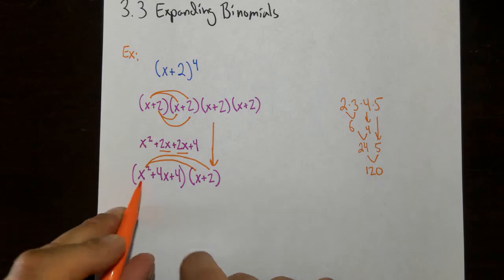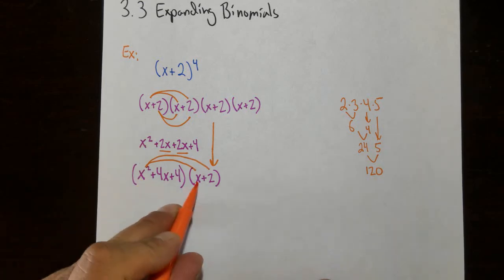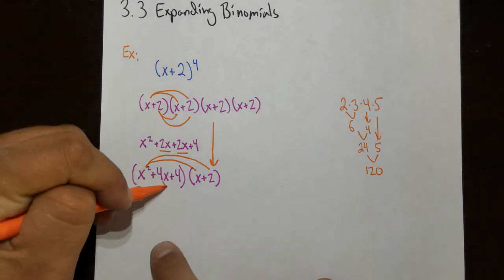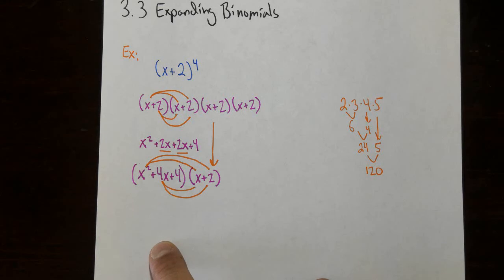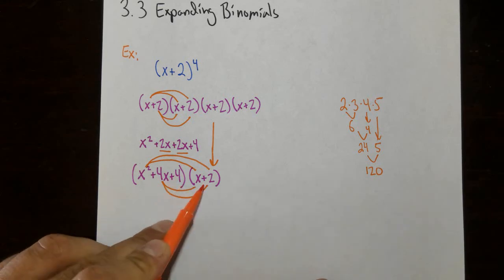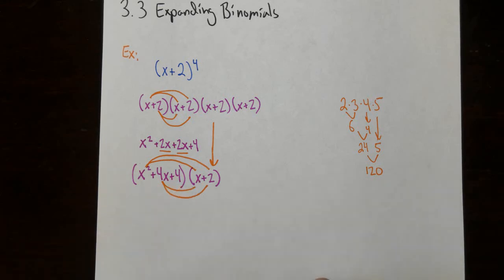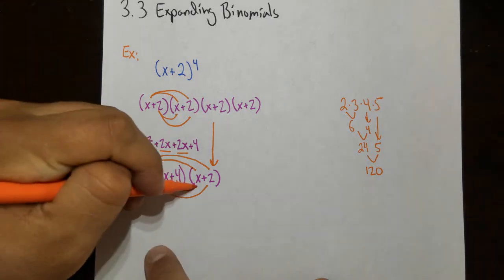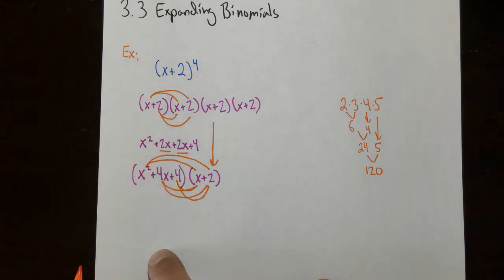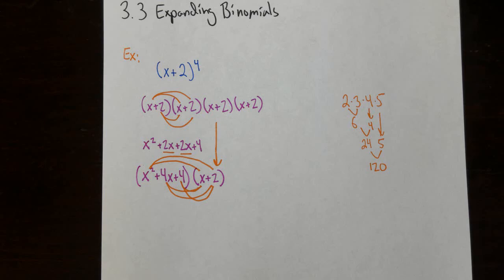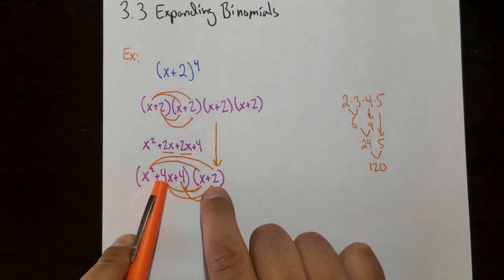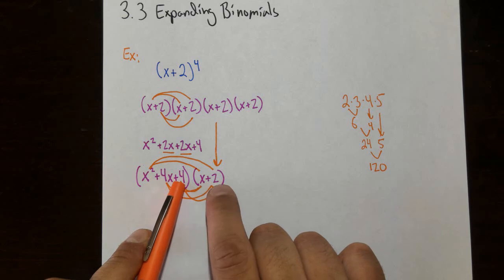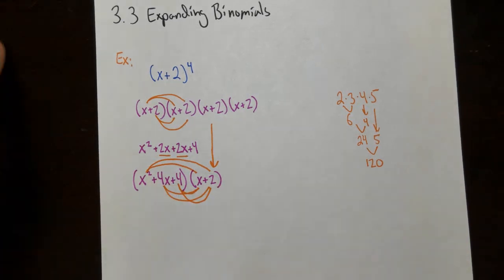So I'm going to multiply the first term to both the terms in the second factor, and then take the second term, multiply it to both terms in the second factor, and then do that with the third term, multiply it to both terms in the second factor. I know that's a lot of lines, but just think of it like this: multiply this to both of these, this to both of these, and this to both of these. Okay?